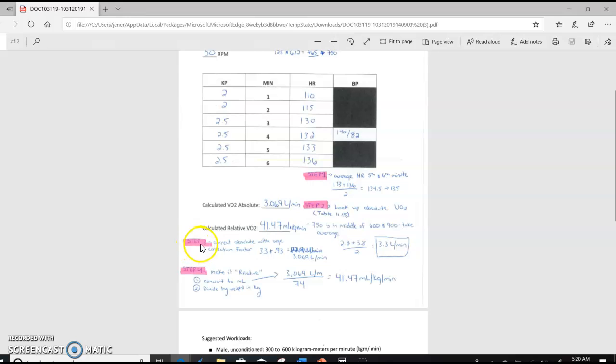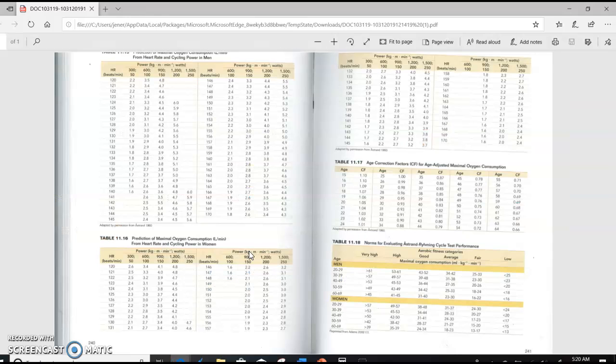Okay, so you come over here to step 3 and you correct the absolute with an age correction factor. So you go back to your charts. Okay, you see the age correction factor. Joe Schmo is 30. So we're going to go to 30, and his age correction factor is 0.93.